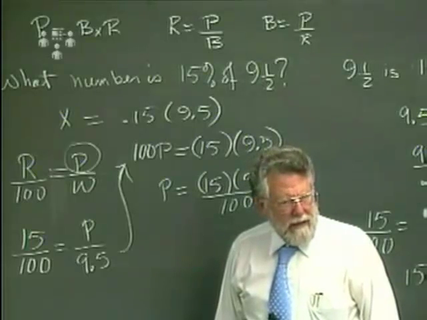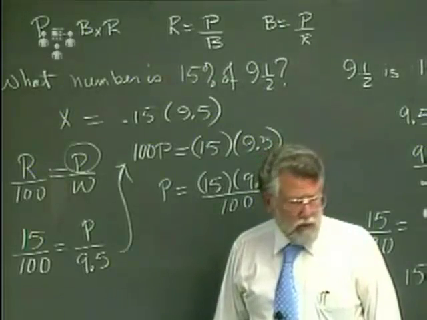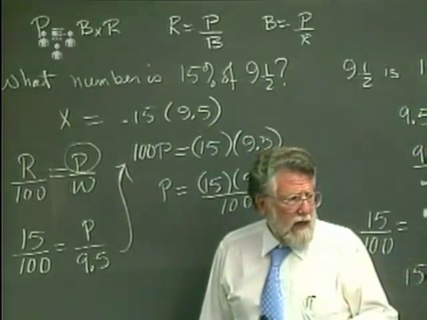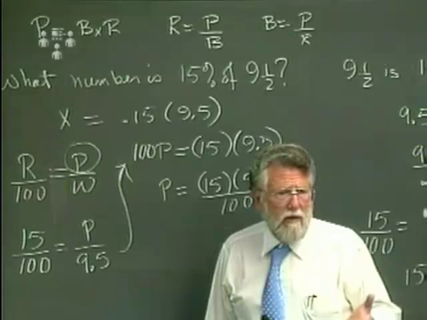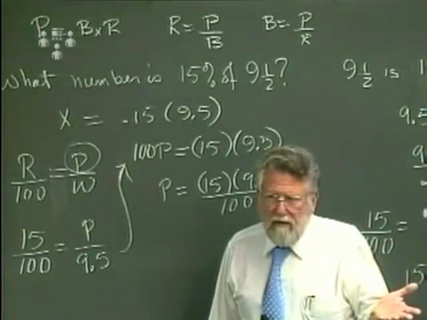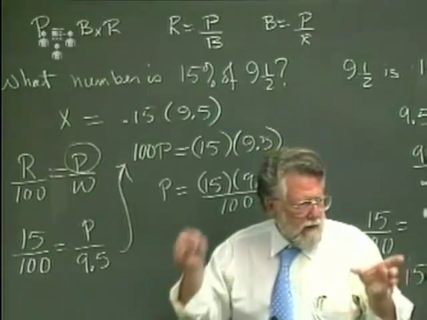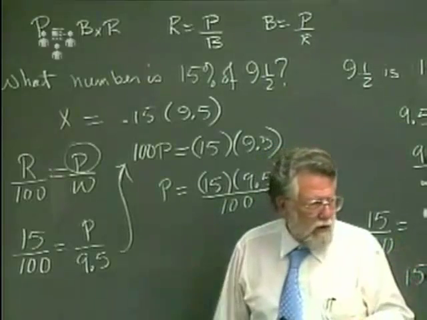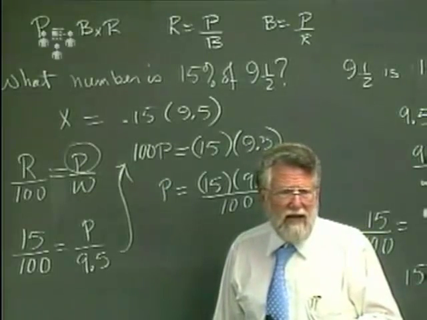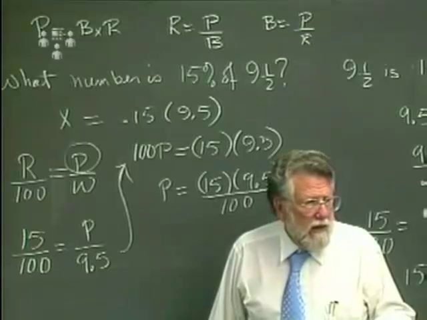Thinking of what you're going to do in algebra, we call them mixture problems. Just to give you an example, if you are asked to do a salt solution, a saline solution, and you have available 2 bottles that are clinically pure, one is at 20% and one is at 10%.